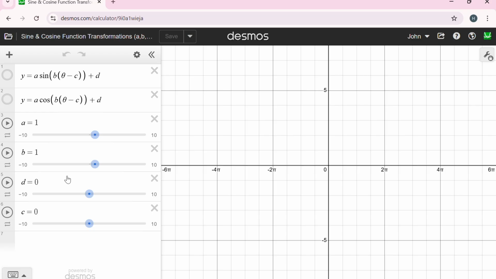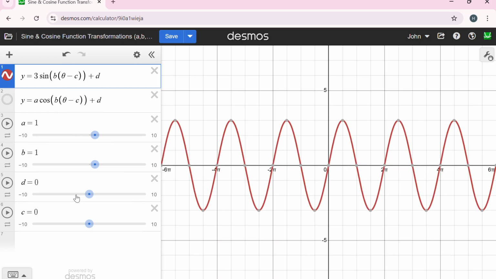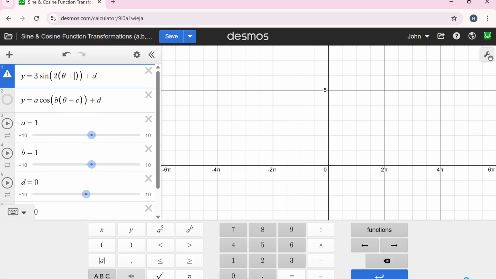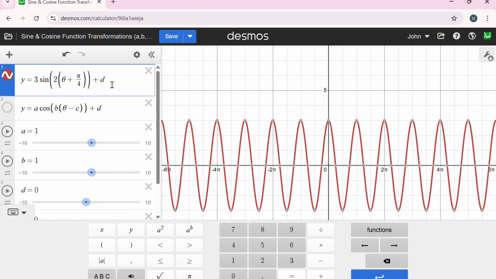Hey everyone, I'm going to look at number 1, the startup, and number 2. So let me do number 1, where we came up with a graph of y equals 3 sine of 2, x minus C, theta minus C, which is plus pi over 4, plus pi divided by 4, and then our D value is 0.